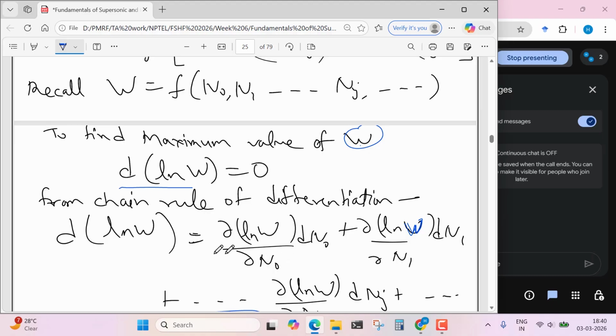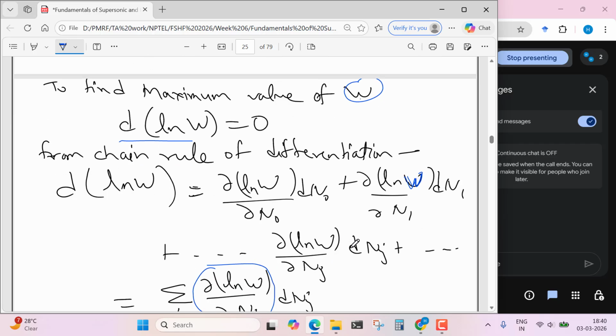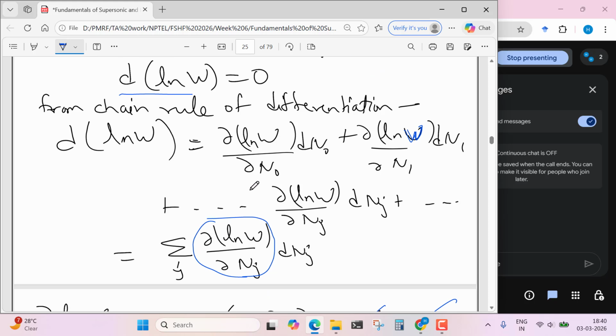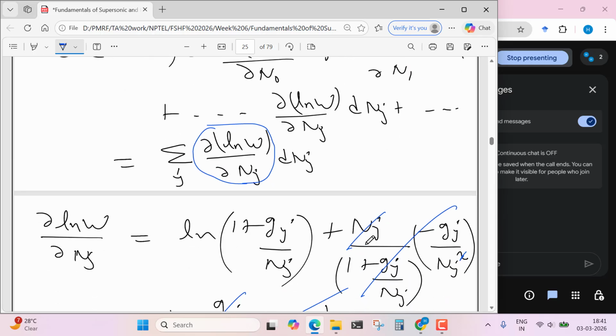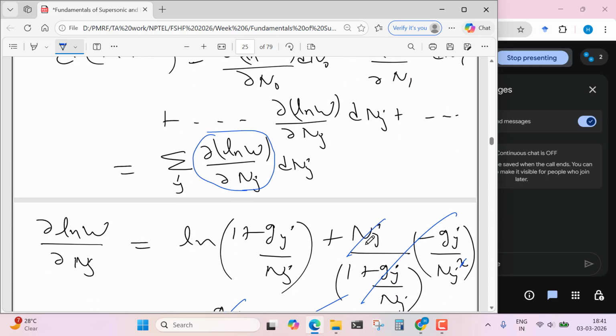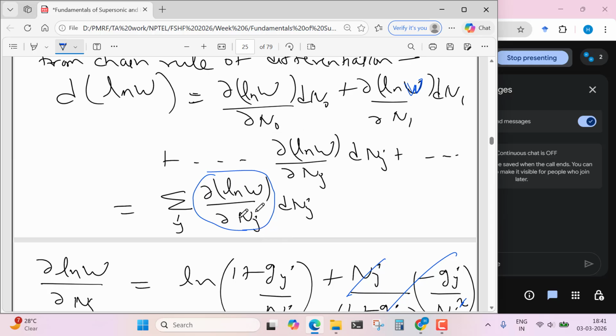From the chain rule of differentiation, for this function we will get d log W equal to dou log W upon dou n0 dn0 plus dou log W upon dou n1 dn1 plus so on, dou log W upon dou nj dnj plus so on. So we can write this as sigma j dou log W upon dou nj dnj. So we have to find this term, dou log W upon dou nj.